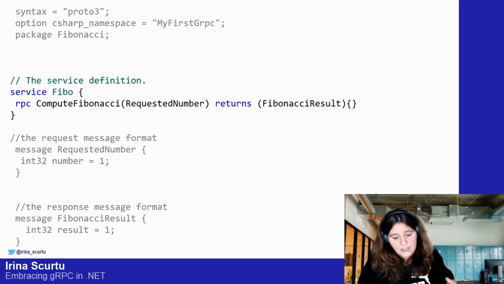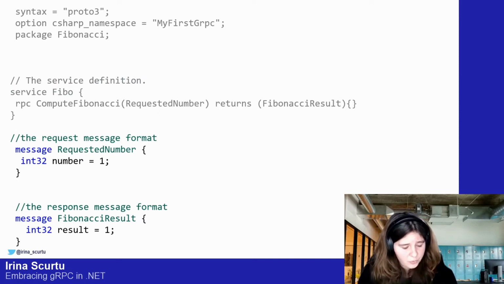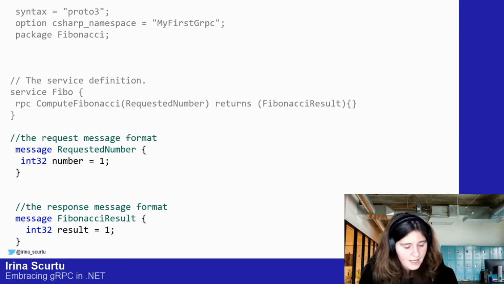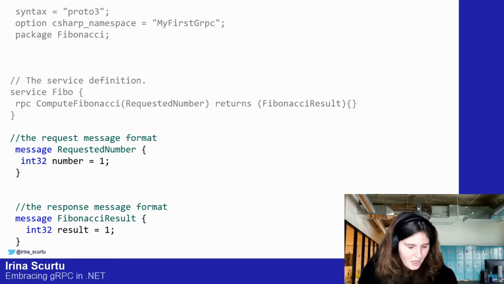The RequestedNumber and the FibonacciResult are nothing more than types that you need to also declare in this proto file. And you start with the keyword message. You give this message a name. And then inside, you specify the properties, the fields that you want to contain there.